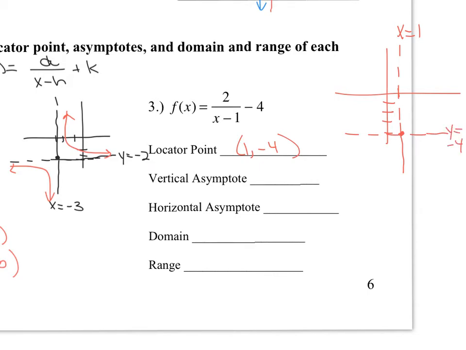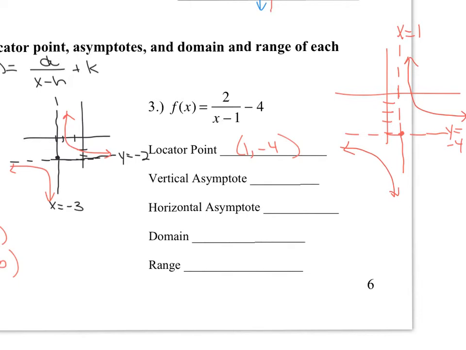Now, the 2 in the numerator here tells me it's going to be vertically stretched. It will not affect the domain and the range, and since we're technically not asked to draw it, it's not going to really affect anything, but just to give you an idea that it will be stretched out away from the locator point. So that's what the graph would look like.